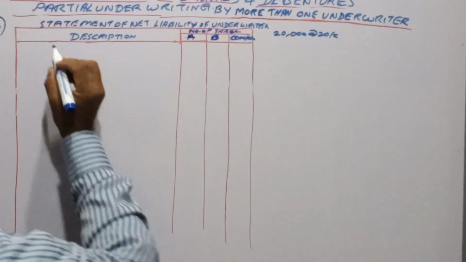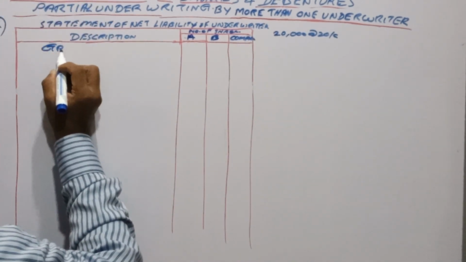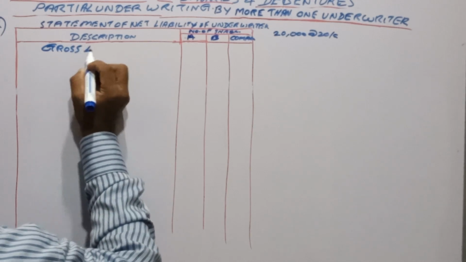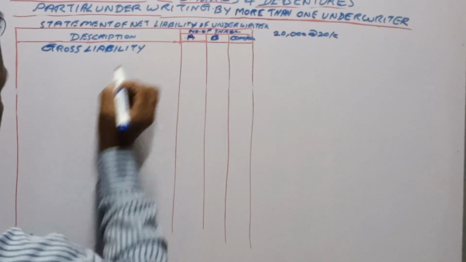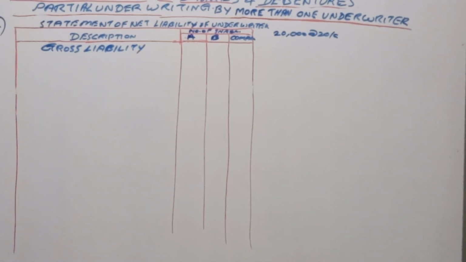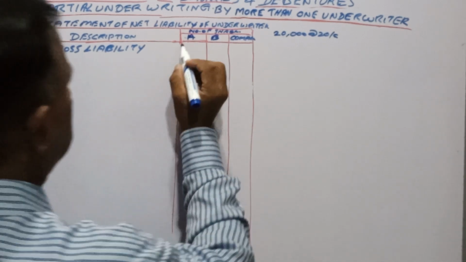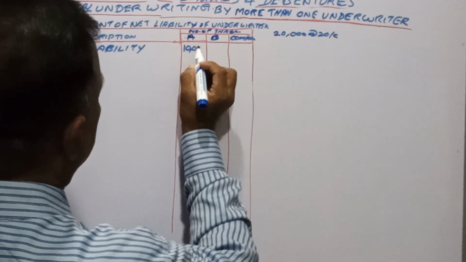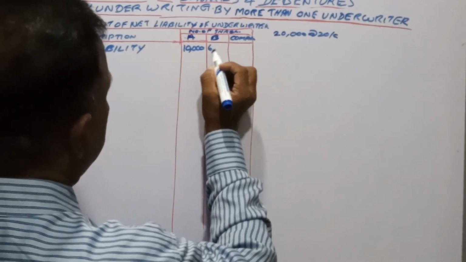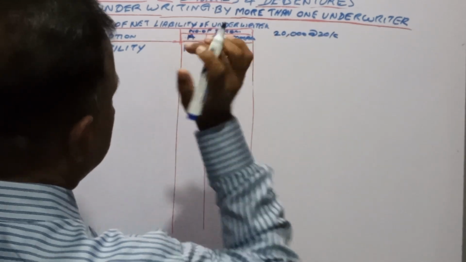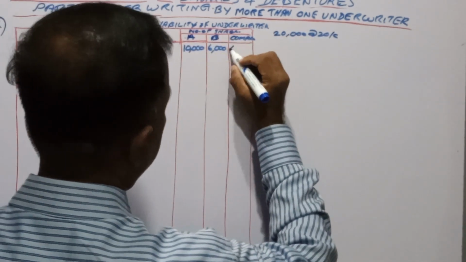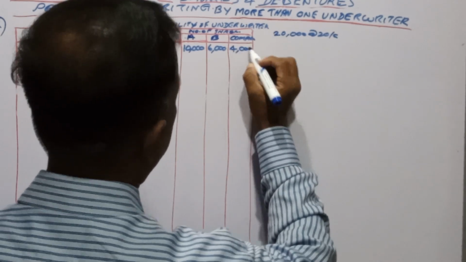Gross liability: A is 10,000 and B is 6,000, and out of 20,000, 16,000 goes, so 4,000 is for the company.